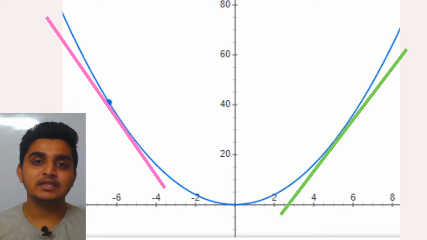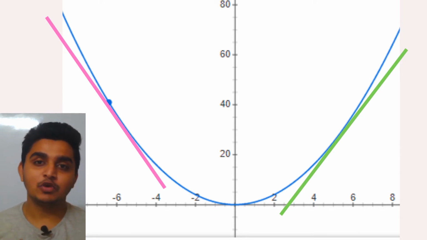Now why is it increasing, or why is it positive? We'll see what happens. If we look at the green tangent, when you find the tan theta of that tangent, it is necessarily going to be a positive number. Why?